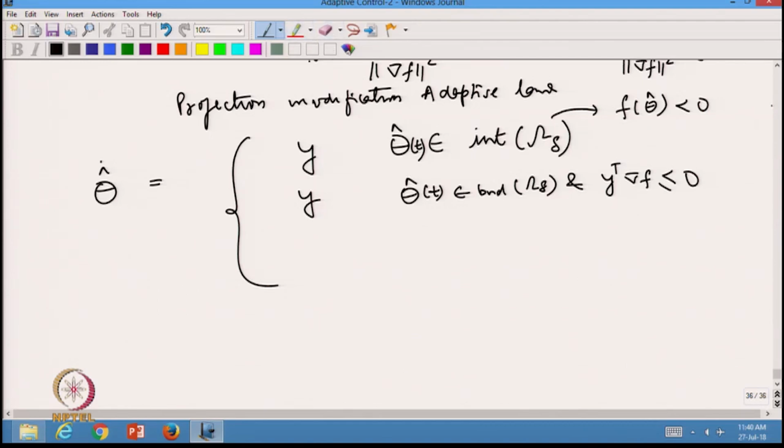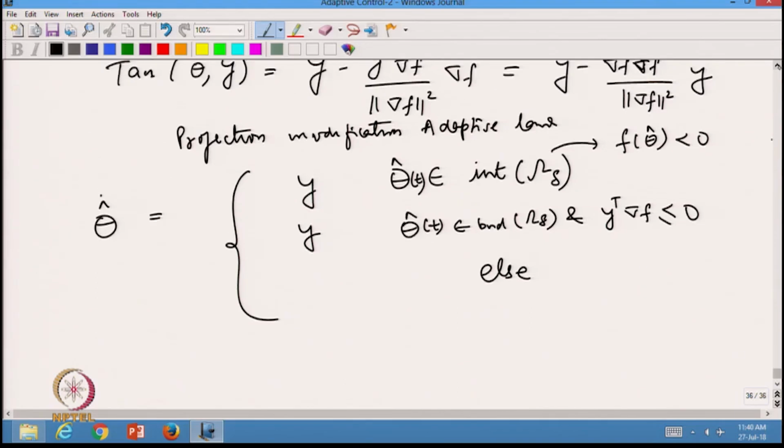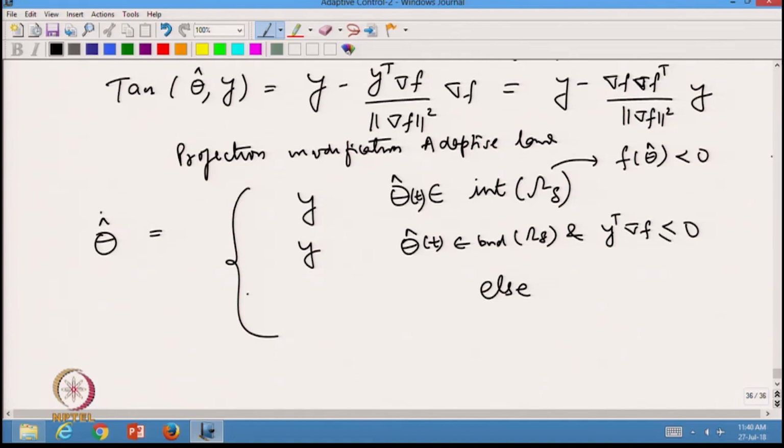else we modify the update law and we use the projection of y on the tangential plane, which is given by this vector tan, which we just found out. So the expression for that is y minus del f transpose over del f square times y.